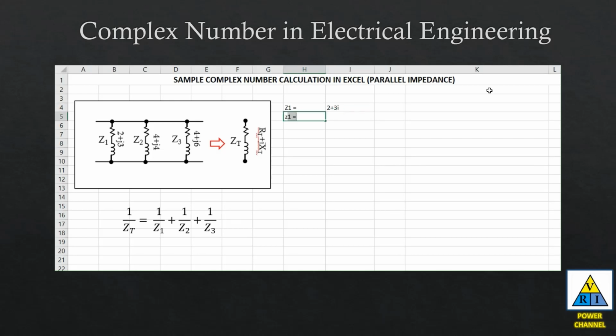Z1 is equal to 2 plus 3i. Then Z2 is equal to 4 plus 4i. Z3 is equal to 4 plus 6i.